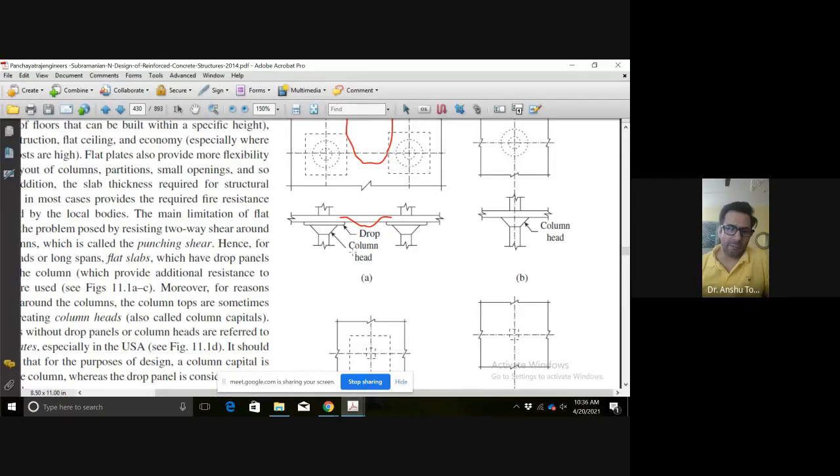But we never presume that this particular beam is going to fail in combined flexure and shear, and we don't think critically like that. But here in the design procedure, we take moment and shear both into consideration because the load is transferred in flat slabs through moment and shear both.